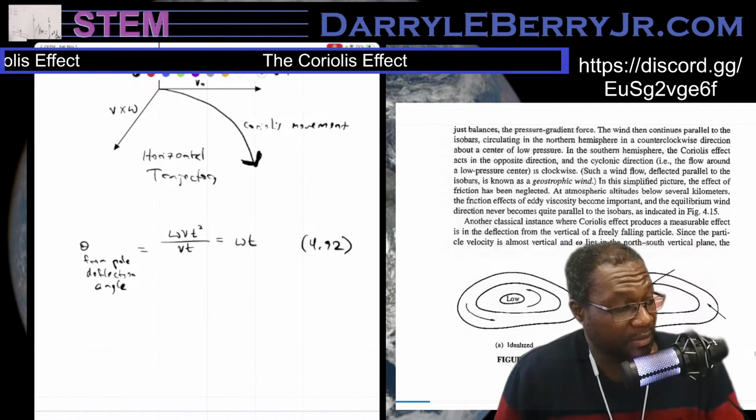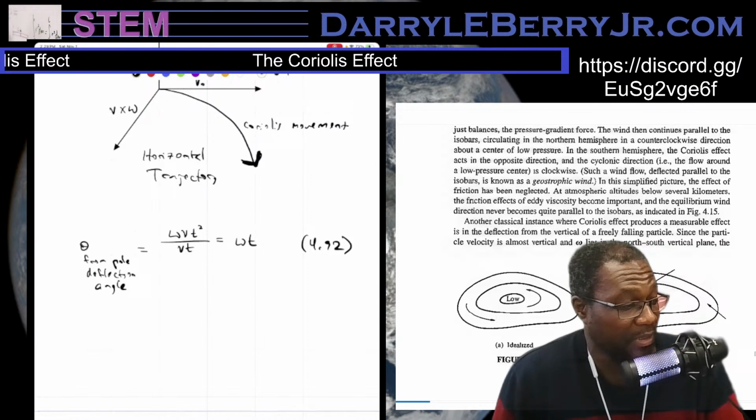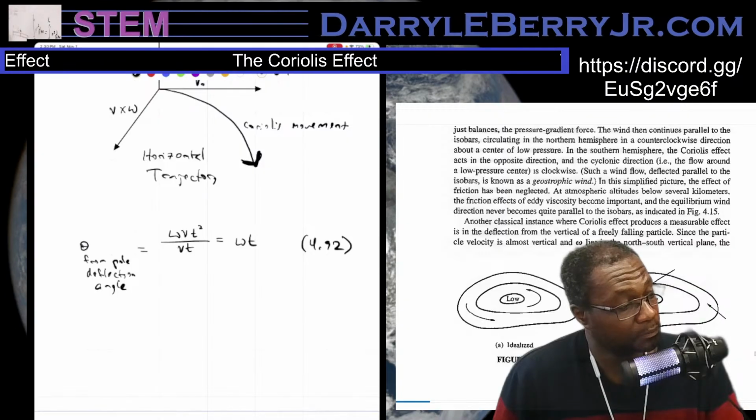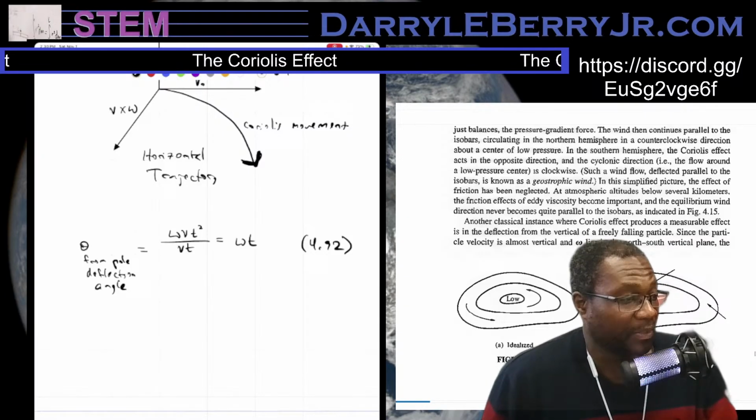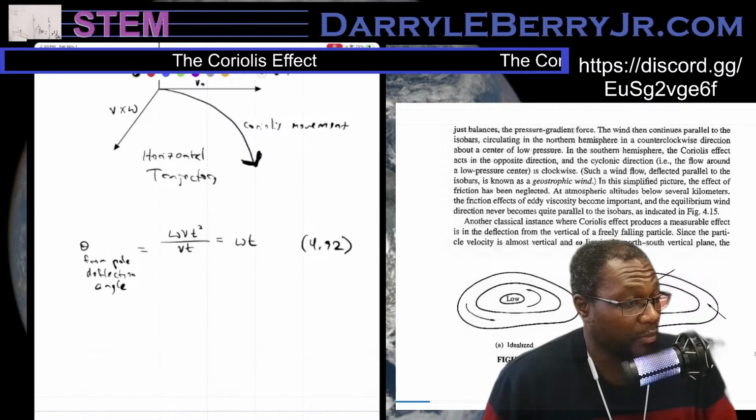Another classic instance, let's take a look here, idealized cyclone pattern in the northern hemisphere. Doesn't seem much different. Another classic instance where Coriolis effect produces measurable effect is in the deflection from the vertical of a free-falling particle.